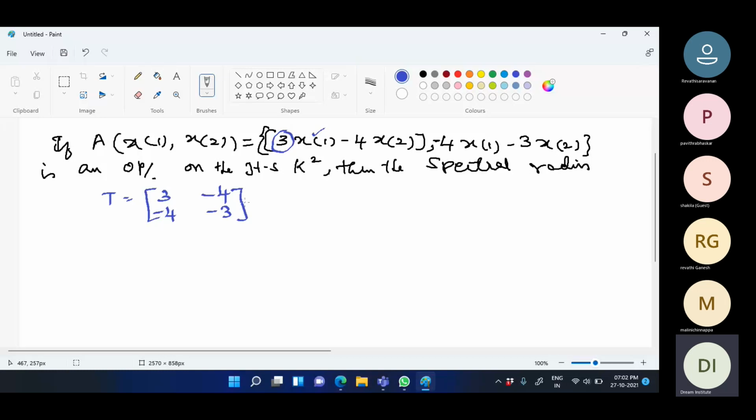This is a matrix. What is the spectral radius formula? R of T is equal to the supremum of modulus of lambda, where lambda belongs to sigma of T. This is the first one.